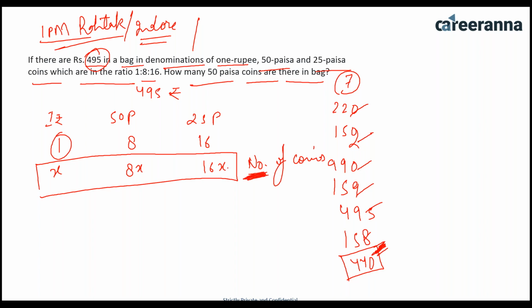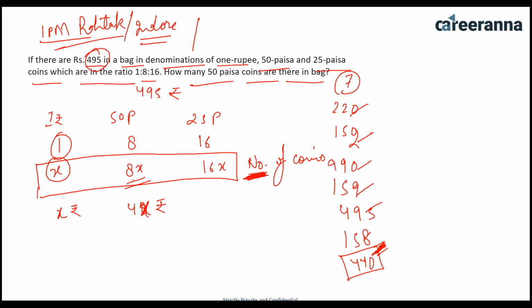So if I take the value of this, 1 rupee and x coins, it will be x rupees. Is it clear to all? Say yes, no. 50 paisa, 8x coins, it will be 4x rupees. Is it clear to all? 2 coins of 50 paisa will make 1 rupee.